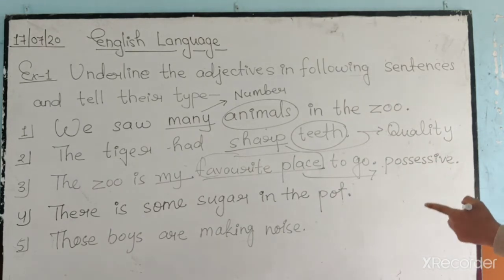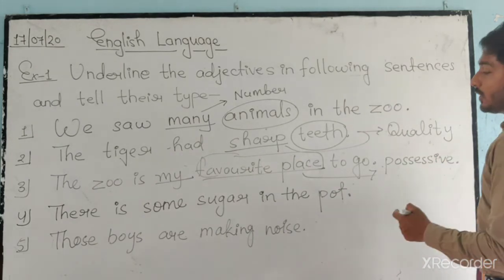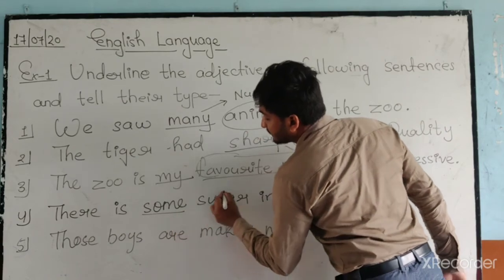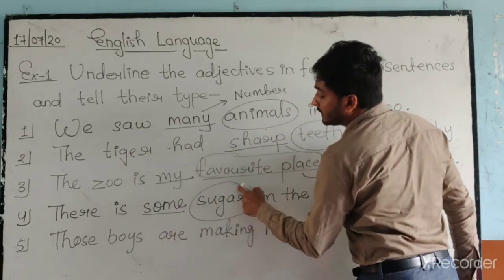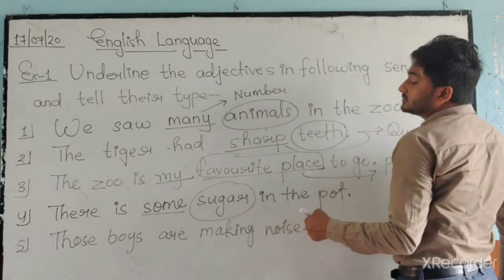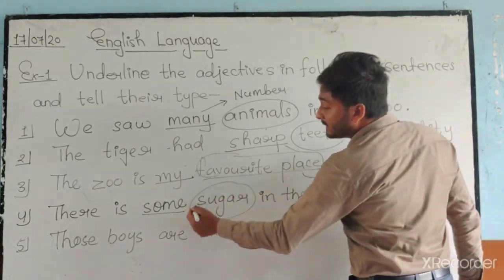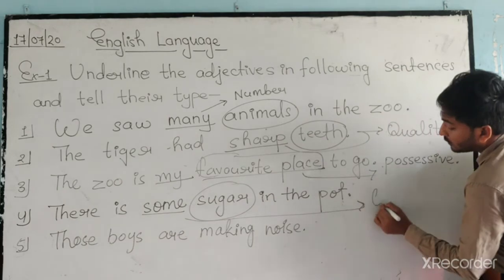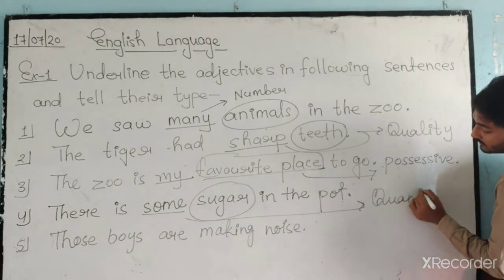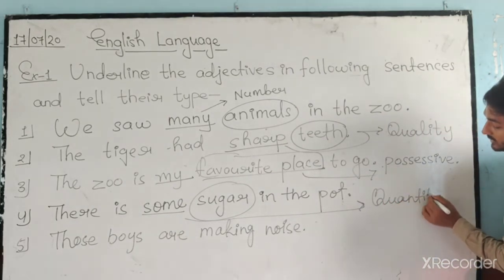Number 4, there is some sugar in the pot. Some. For what are we using it? For sugar we are using some. Sugar we cannot count. That means some is an adjective of quantity.